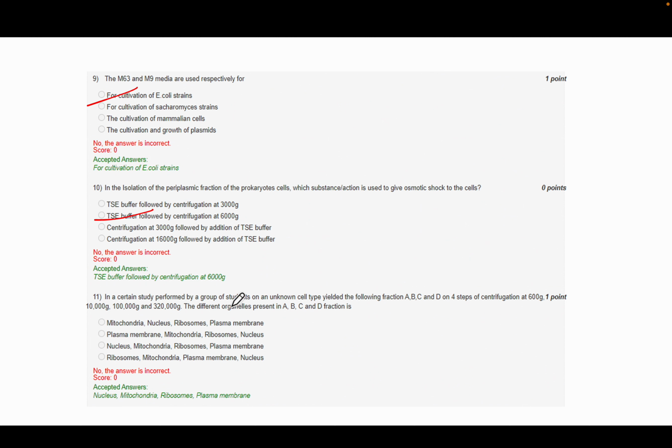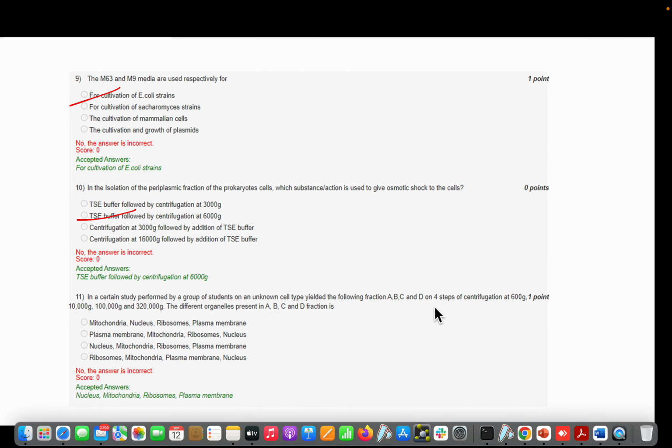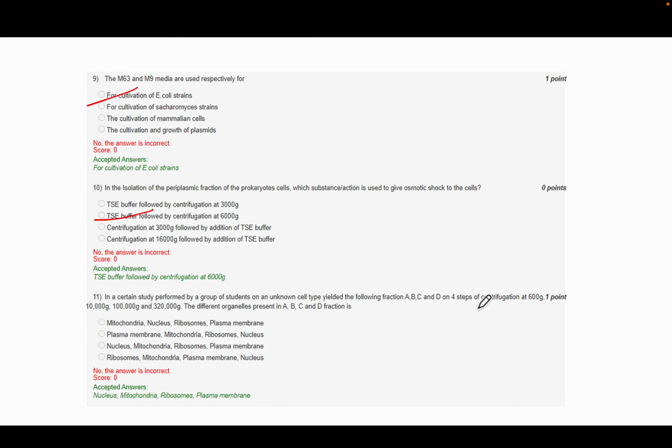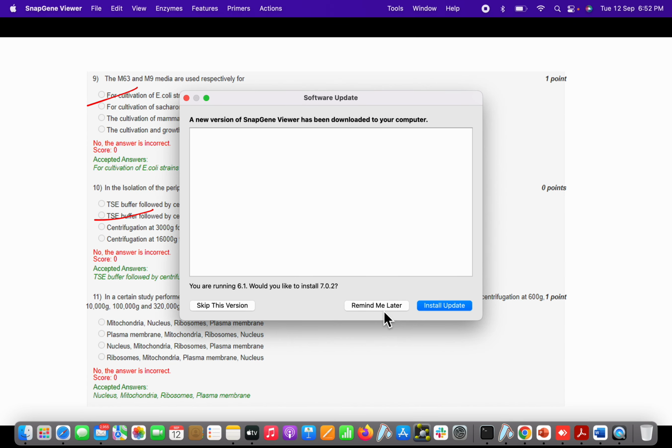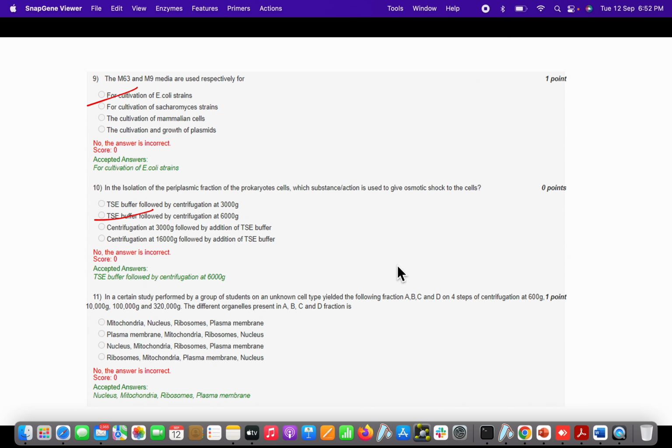In a certain study performed by a group of students on an unknown cell type, the following fractions were yielded: A, B, C and D, with 4 steps of centrifugation at 600 G, 10,000 G, 1 lakh G and 3 lakh 20,000 G. What are the different organelles present in A, B, C and D fractions?